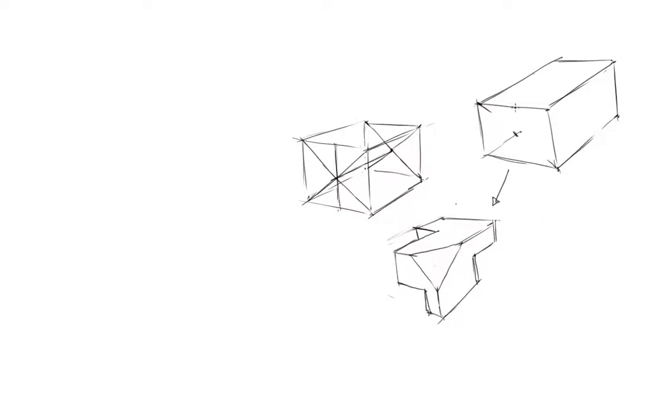From there I can go upwards. I can do the same thing on this surface. Arrow, arrow in the middle. Okay, arrow, arrow in the middle. That's the middle of this.